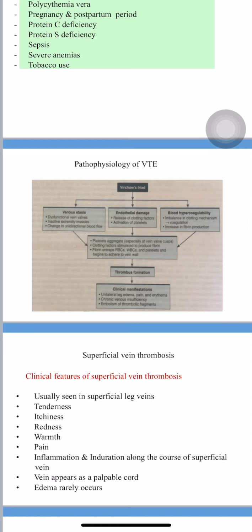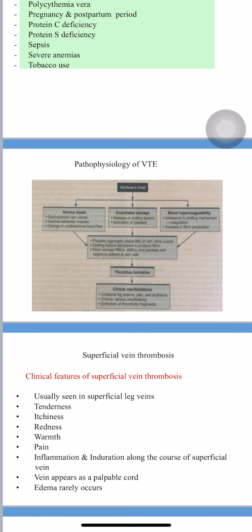Endothelial damage leads to the release of clotting factors and activation of platelets. The damaged endothelium stimulates platelet activation and starts the coagulation cascade. This predisposes the patient to thrombus development.